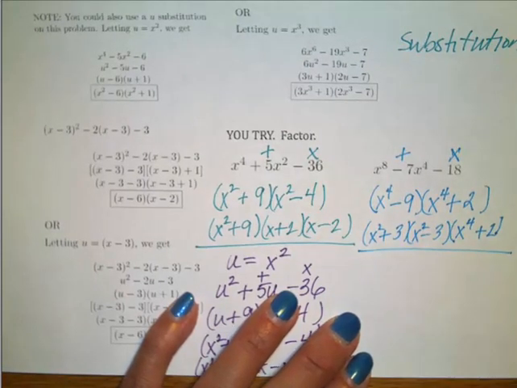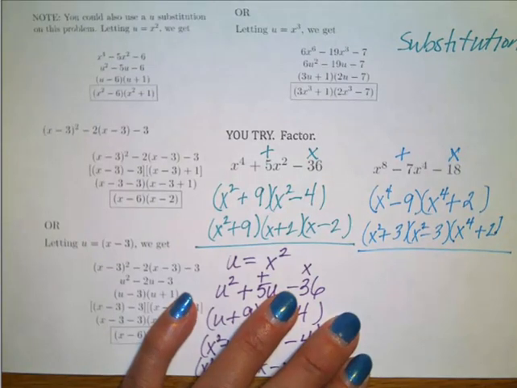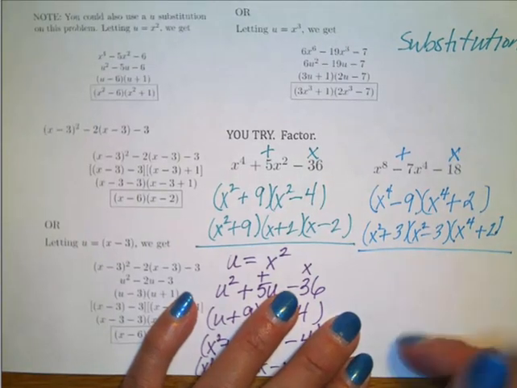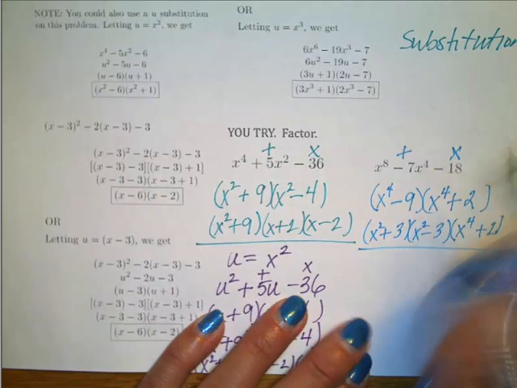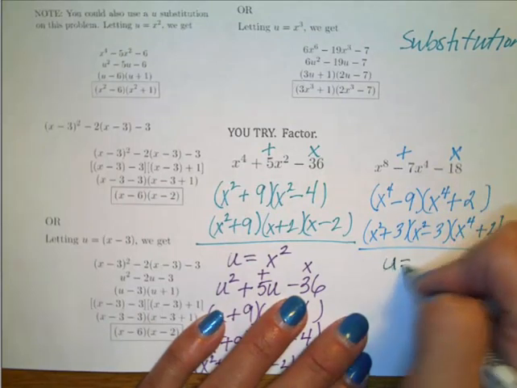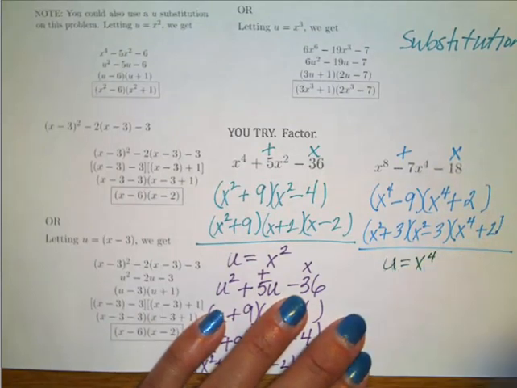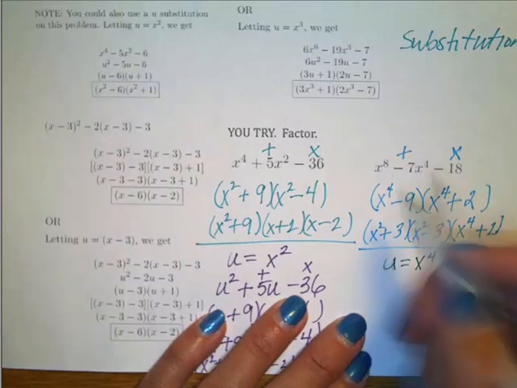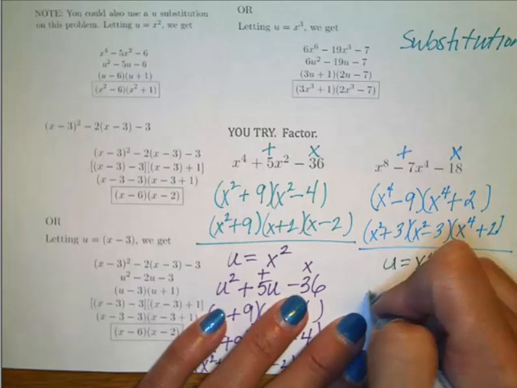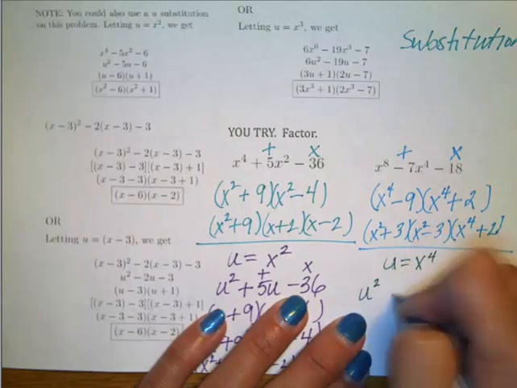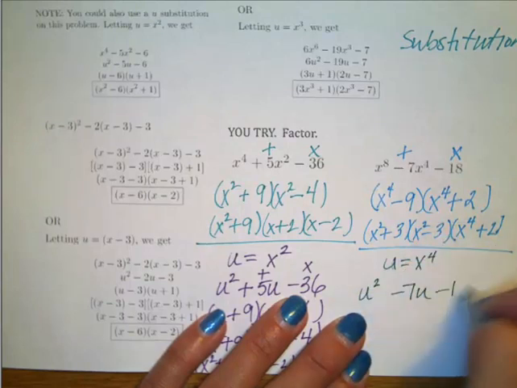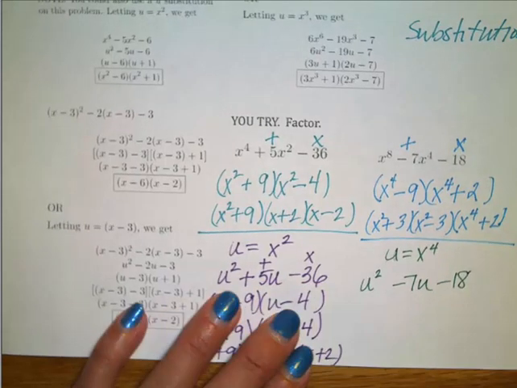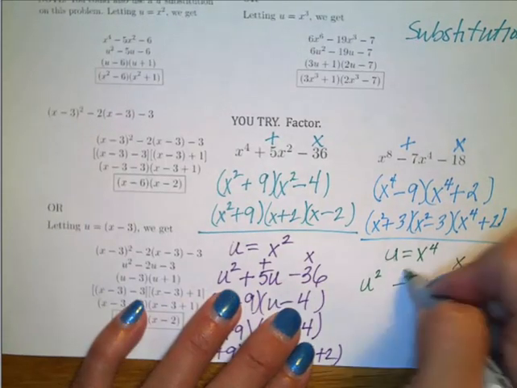All right, and our last one. So if we use substitution again, we're going to use that middle term. So u is x to the fourth. So x to the fourth squared, because when you raise a power to a power, you multiply, is x to the eighth. So we're going to say u squared minus 7u minus 18. What multiplies to give you 18 and adds to give you 7?